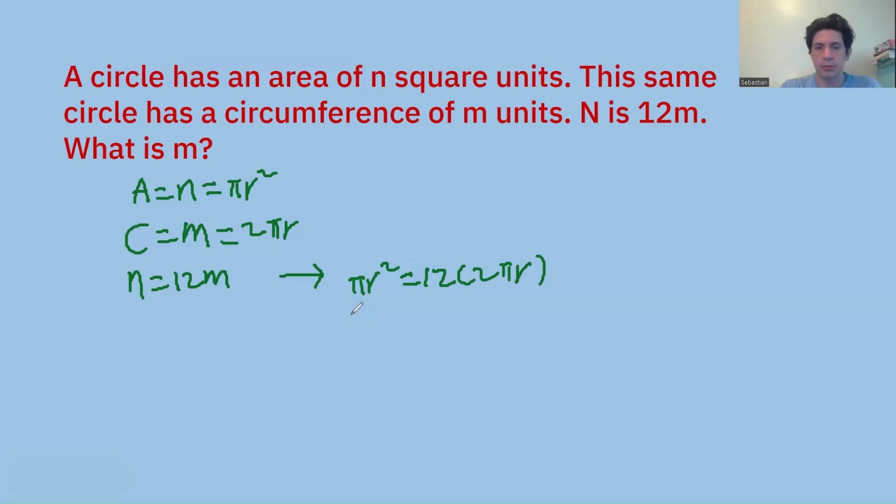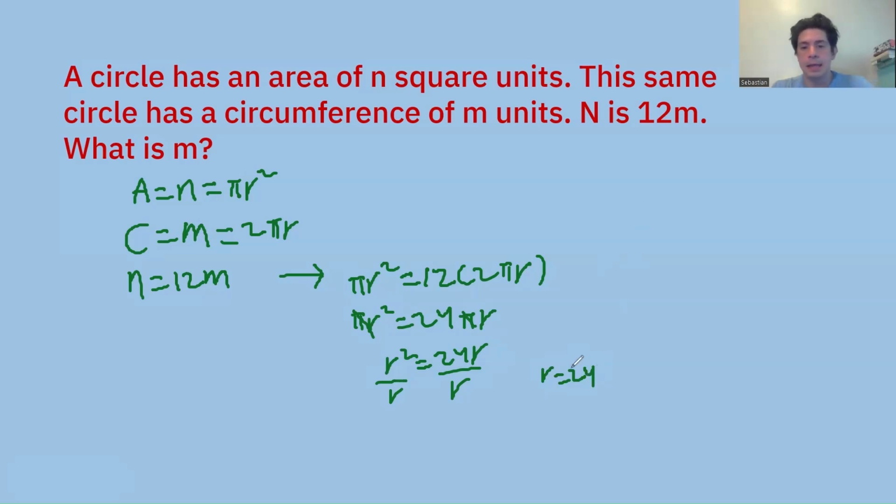We can multiply the 12 and the 2, so we get pi r squared equals 24 pi r. Then we can cancel out the pi's, so we get r squared equals 24r. Divide by r on both sides. R equals 24.